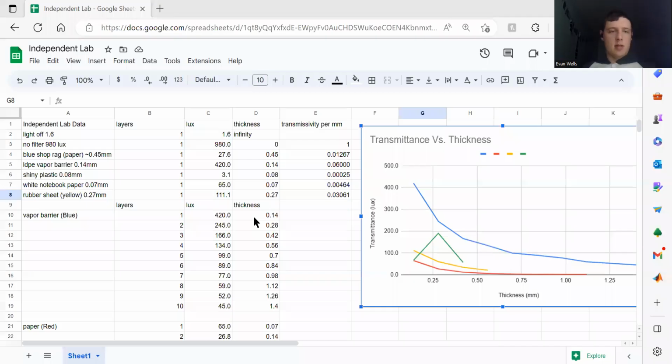Just one second, let's share my screen here. All right, so here we can see some of the data from my lab.